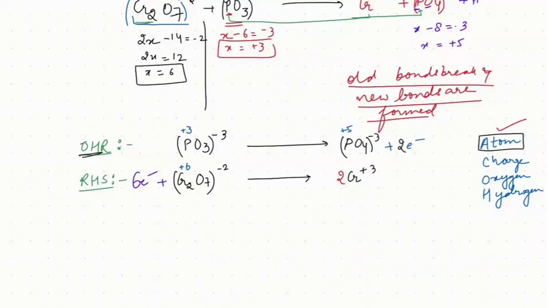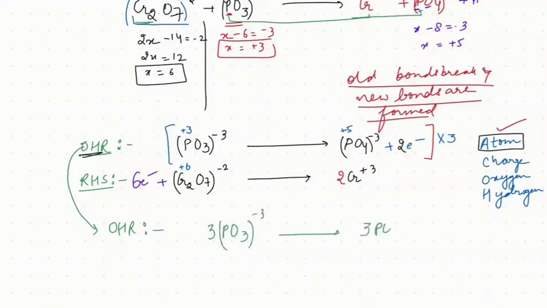And then what happens? This is going to multiply with 3, because first we have balanced the atoms, right? Now the task is to balance the charge. So I'm going to multiply this with 3. So my oxidation half reaction becomes 3PO3 minus 3 gives me 3PO4 minus 3 plus 6 electrons.